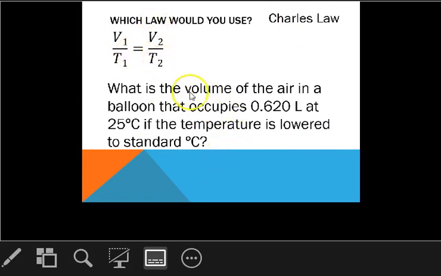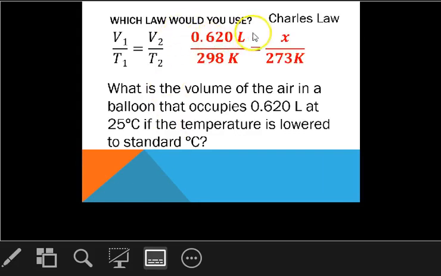So because they're asking you, what is the volume if you lower the temperature? So they're changing a circumstance. So we set up our problem as 0.62 liters over 298 Kelvin, that's 25 degrees plus 273, equals, I don't know, that's what I'm solving for, is volume, if the temperature is at standard.